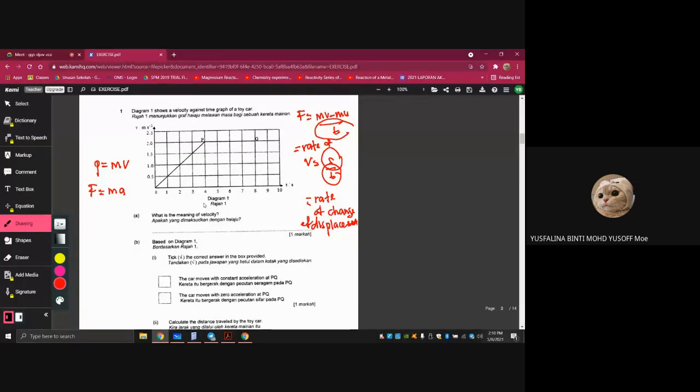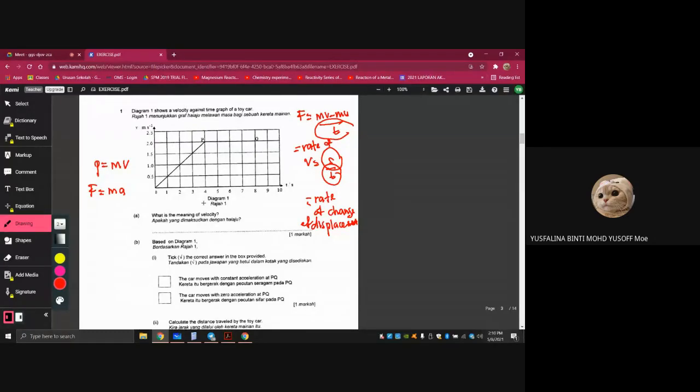So this one is actually the change of momentum, because you know that mv is the formula for the momentum. mu is also actually the formula for momentum, but for the first one, mv, they use the final velocity, and for mu, they use the initial velocity. So that means there is a change, right? Change of momentum. The first one is the final one, and then minus the initial one. So rate of change of momentum. So that's the meaning of the impulsive force.